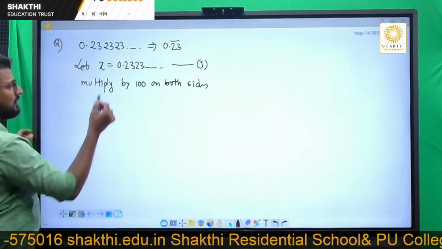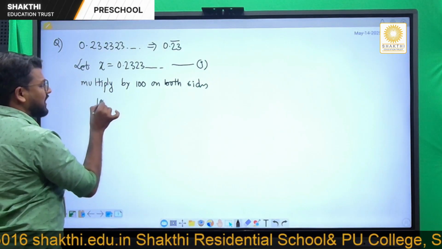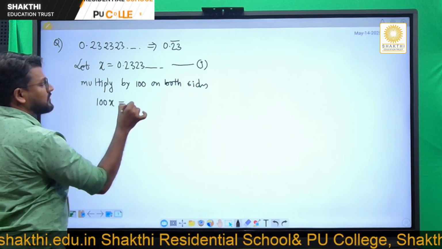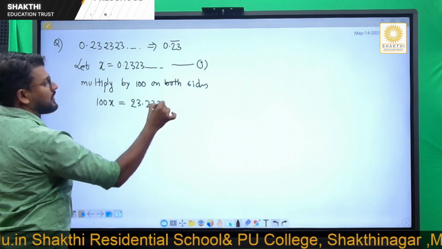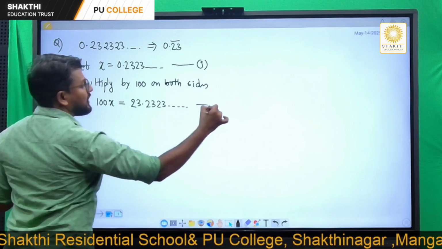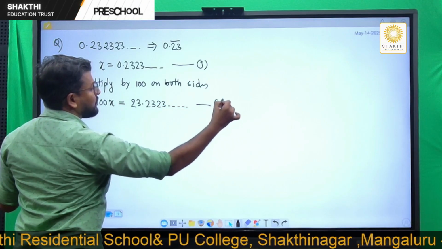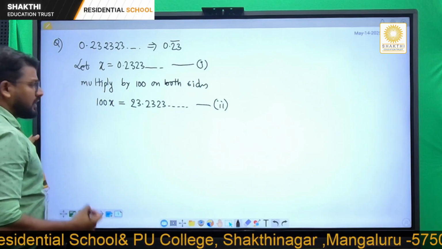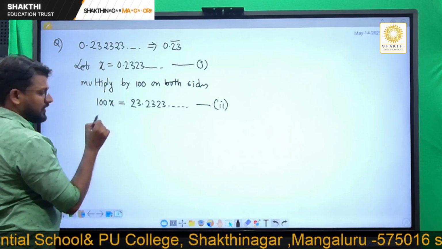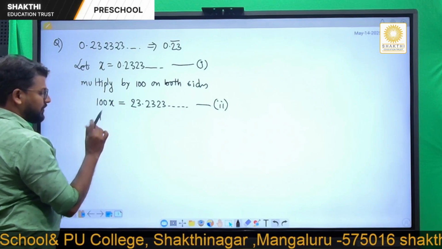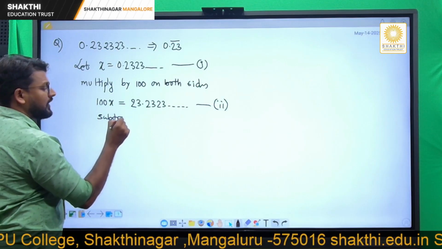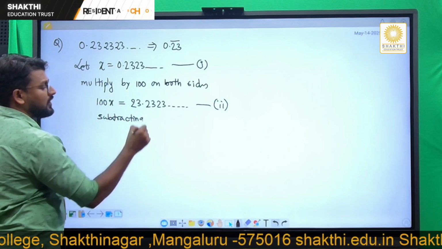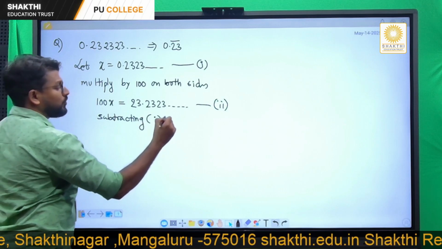So if I multiply by 100 on both sides, 100x is equal to 23.2323 and so on. Let's call this equation number 2. Again same as the previous question, we'll subtract equation 1 from 2.